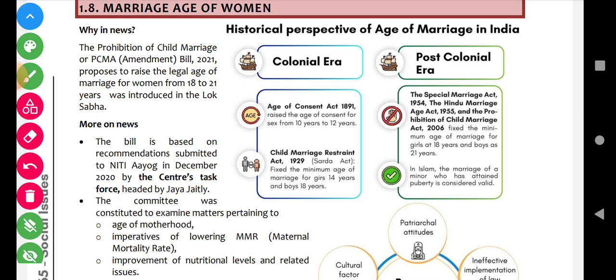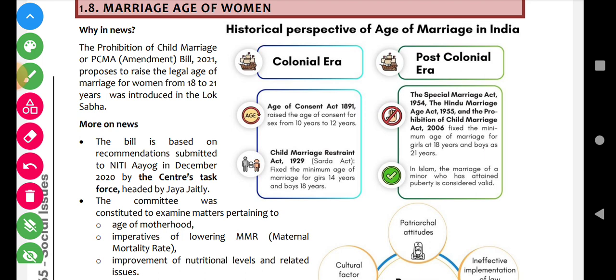The marriage age of women. The recent news is the Prohibition of Child Marriage Amendment Bill 2021, which proposes to raise the legal age of marriage for women from 18 to 20 years, and was introduced in the Lok Sabha.